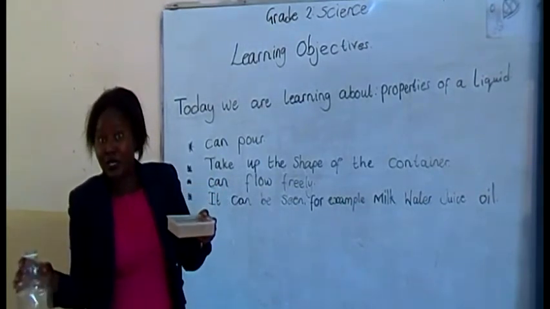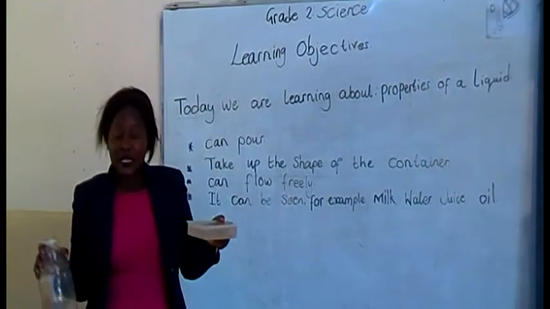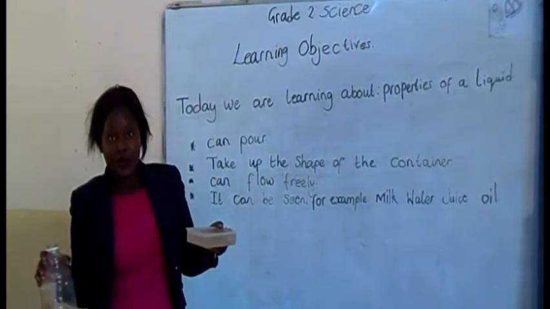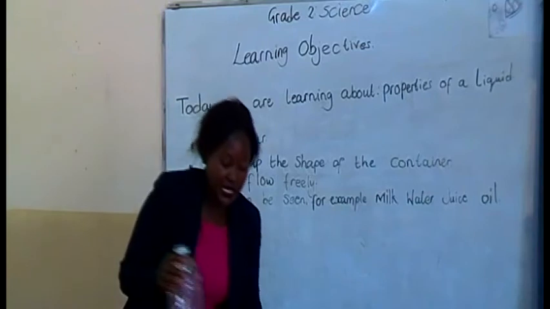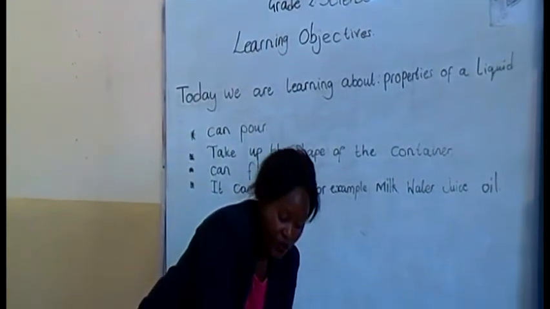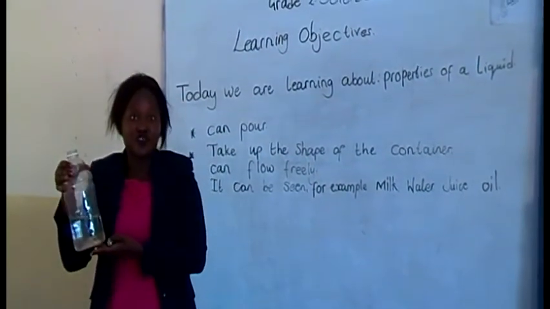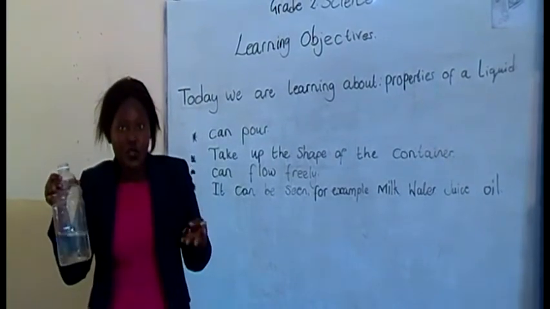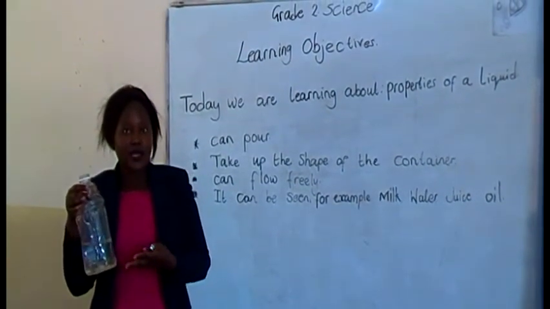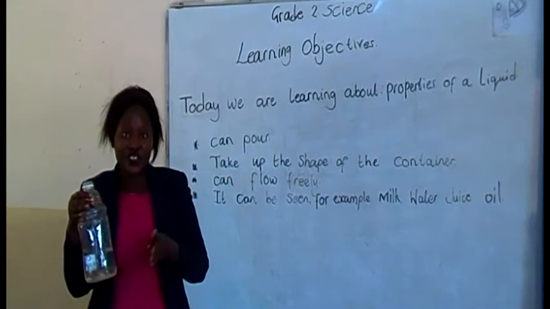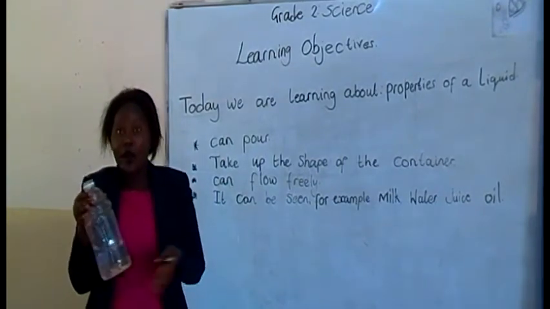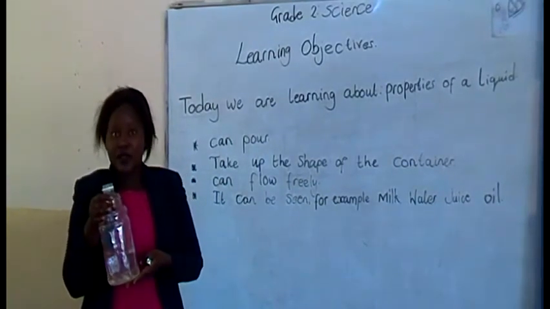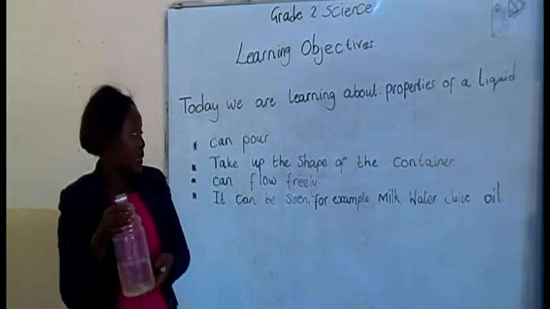For example, milk is a liquid. Cooking oil is a liquid. Juice is a liquid. It takes up the shape of a container. For example, you can imagine that this is juice. You put it in a cup. It is going to take the shape of that cup. So we can understand that a liquid takes up the shape of a container or a cup or a pot. That is one characteristic or property of a liquid.